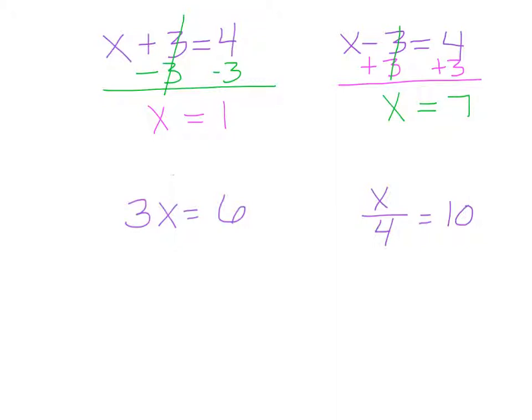On this next one, we have 3 times x is equal to 6. So we have multiplication in here, and to get rid of it, we're going to divide by 3 on both sides. 3 divided by 3 is 1, and 1 times x is x. 6 divided by 3 then is 2.